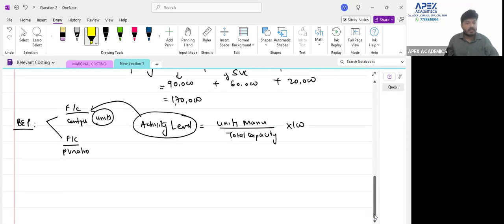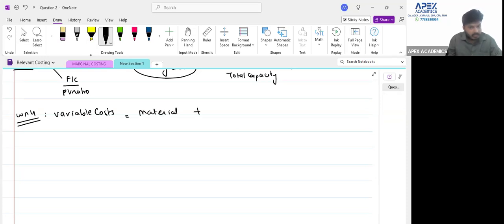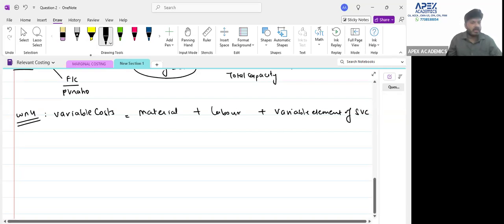This will become my working note number 4. My working note number 4 are my variable costs. They are equal to material plus labor plus variable element of semi-variable cost.